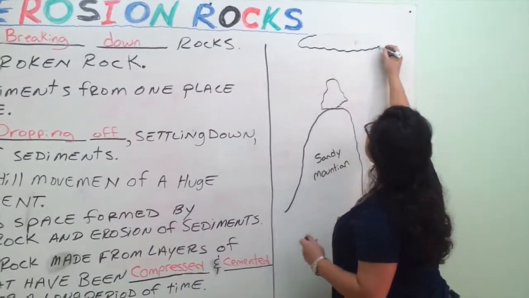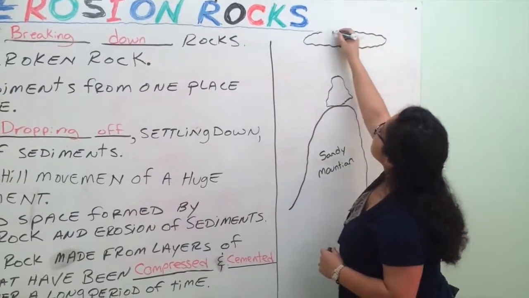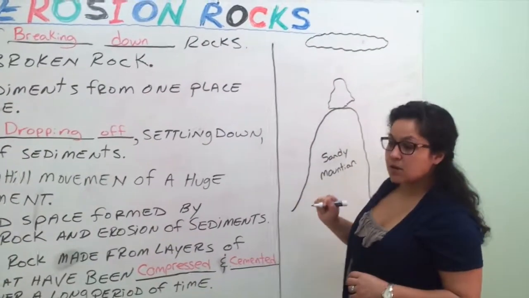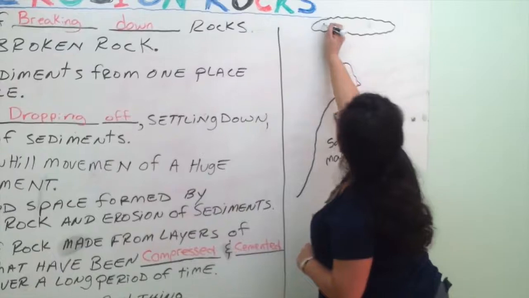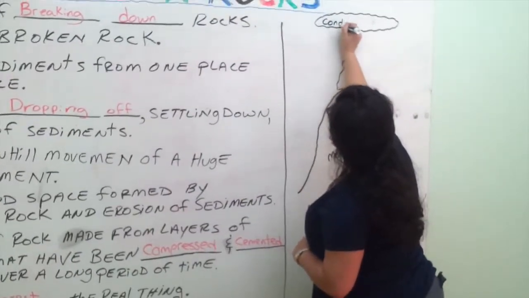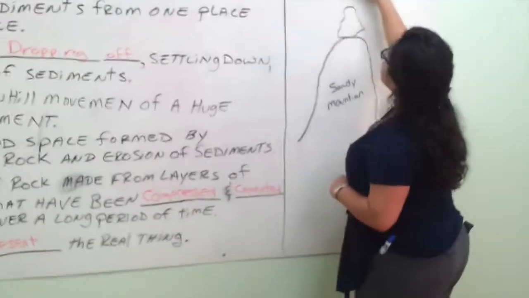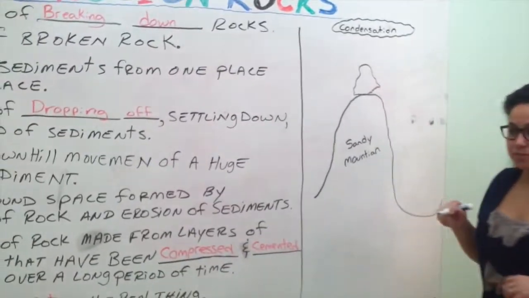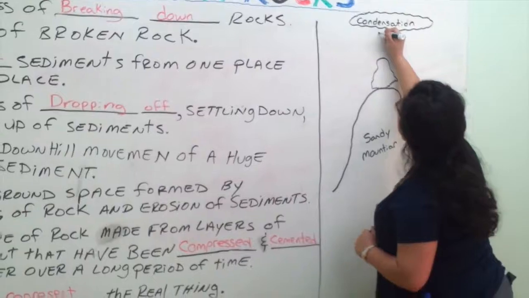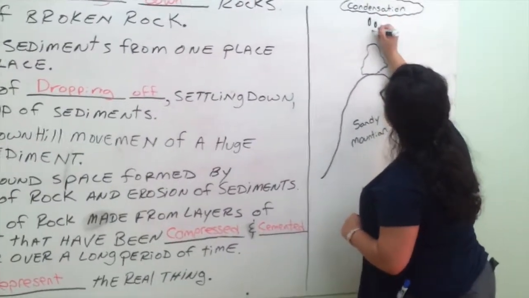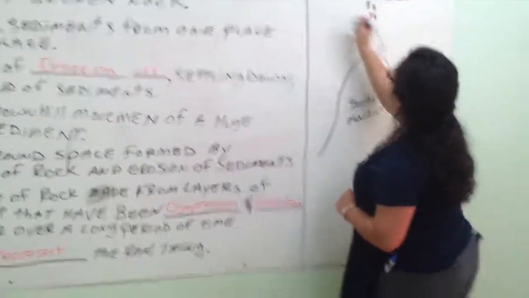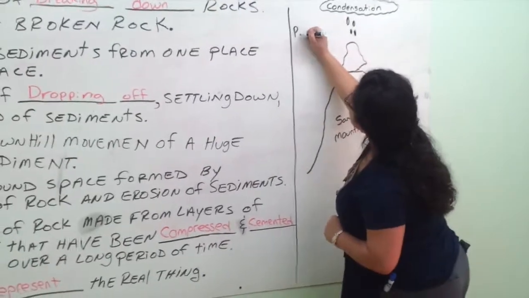Or let's use a science word. What's a science word for clouds? Condensation. Wonderful. And when condensation gets too heavy, what does it turn into? Precipitation, which is the rain that came out of our pipette.